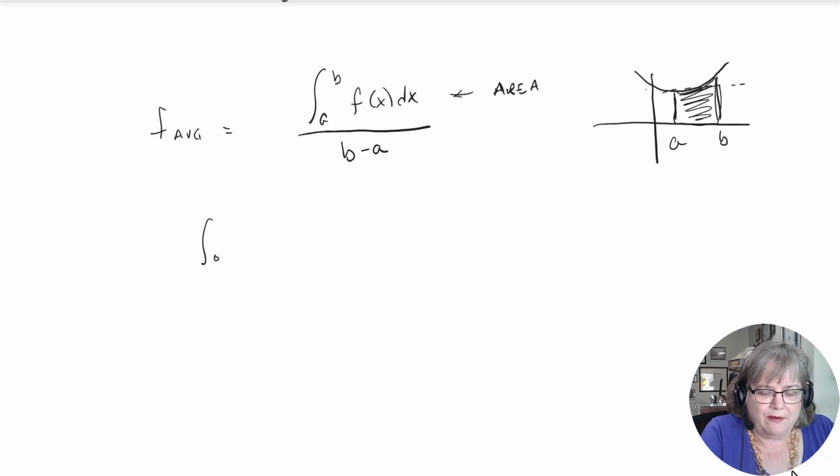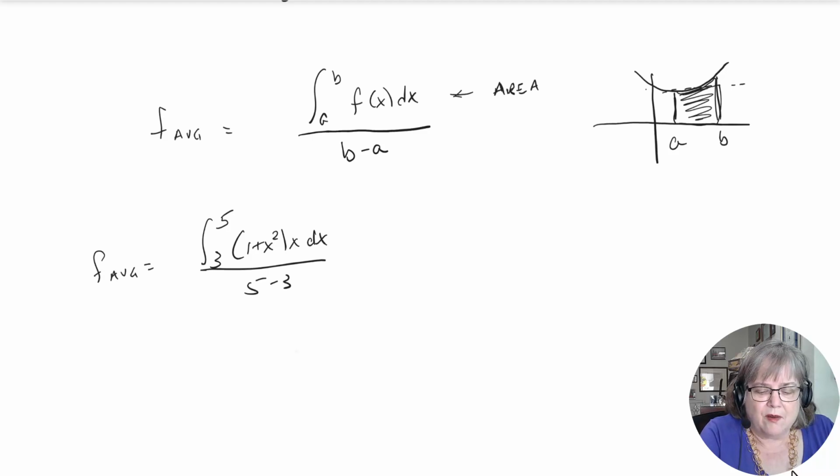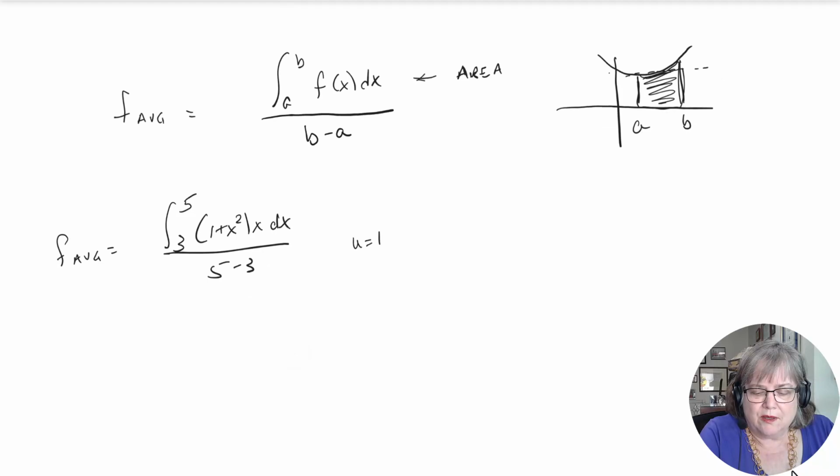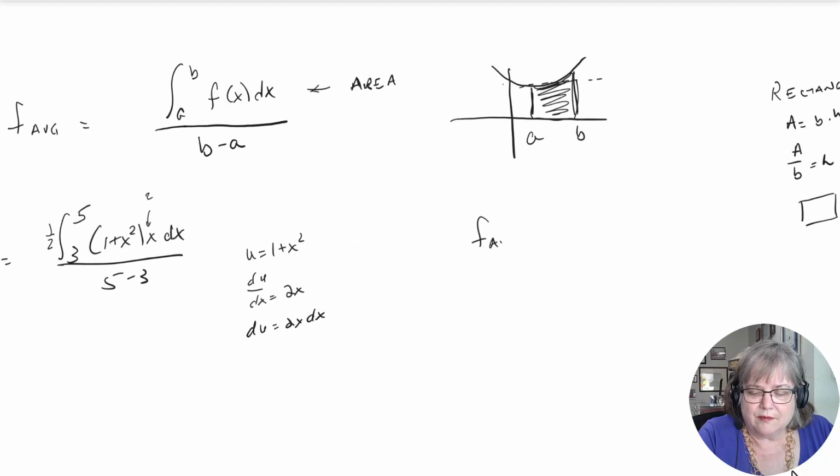going from 3 to 5 of 1 plus x squared times x dx, over 5 minus 3. Now one thing you could do is to say u is 1 plus x squared, du dx is 2x, du is 2x dx, and modify this by using your u substitution, or don't forget your algebra.